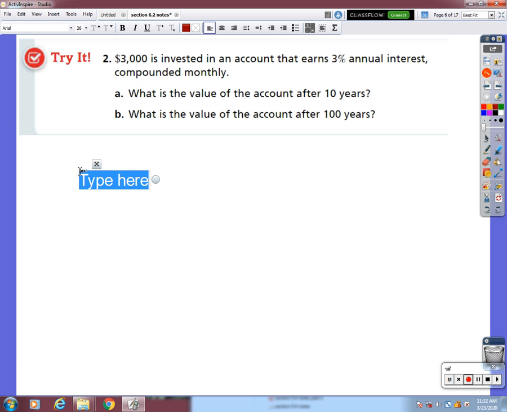So for the first one, I'm going to take 3,000, and then I'm going to go 1 plus 0.03. I'm compounding this monthly. So I'm going to divide by 12.